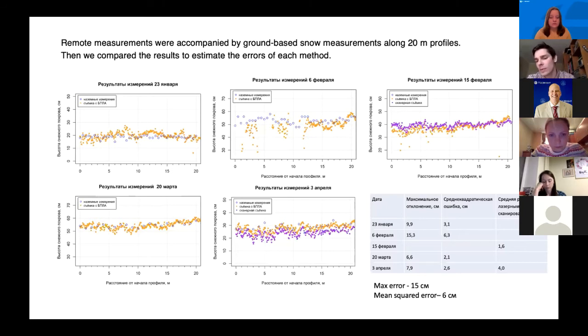And it is quite a big error, about 10% for shallow snowpack, which is typical for the Moscow area. But in areas where the snow depth is much higher, for example, 2 or 3 meters, this error would surely be smaller.